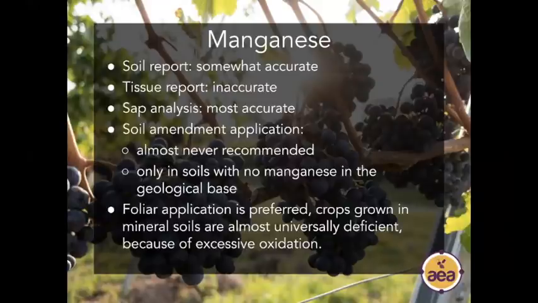So when we look at the applications, the types that we recommend, we almost never recommend manganese as a soil application, for the same reasons as iron. Many mineral soils, and this is casting a really broad blanket, lots of generalities, you can get this tested and measured and should, but many soils contain manganese in the upper 6 inches in the range of 200 to 400 pounds per acre, sometimes more, sometimes a little bit less, but certainly high enough that you very seldom should need to add additional manganese to the profile.